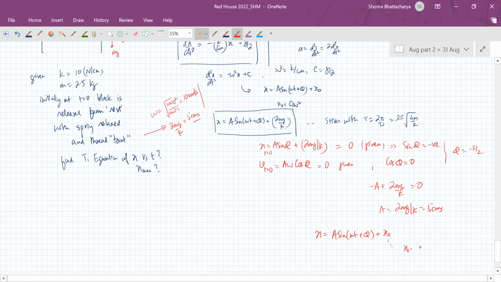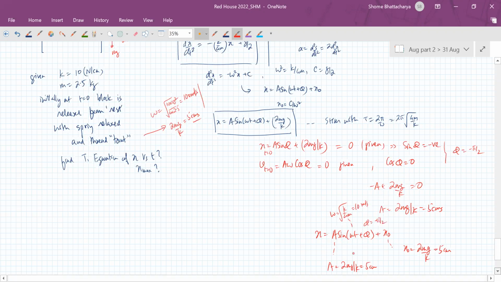That x naught term is 2mg by k, which is 5 centimeters. The amplitude is also 2mg by k, which is 5 centimeters. Omega was the square root of k by 4m, which was 10 radians per second, and phi is equal to minus pi by 2.